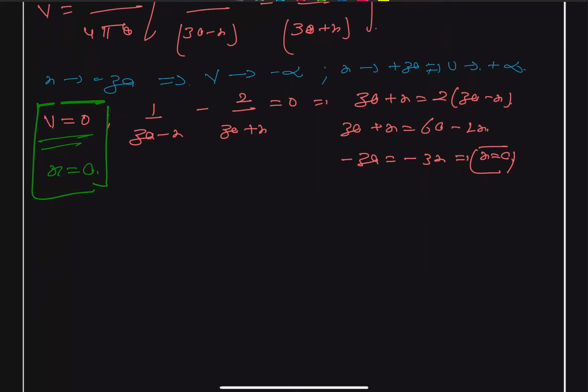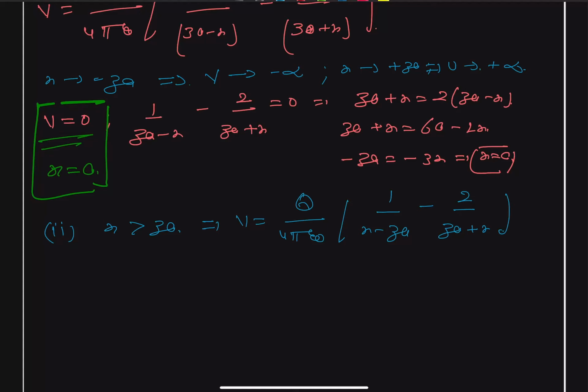Now we can write it for the second part, when x is greater than 3a. If x is greater than 3a, we can write the potential equation: V is equal to Q upon 4 pi epsilon naught times 1 upon x minus 3a minus 2 upon 3a plus x.